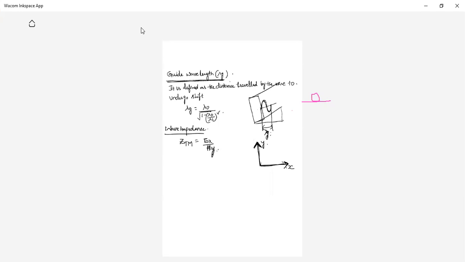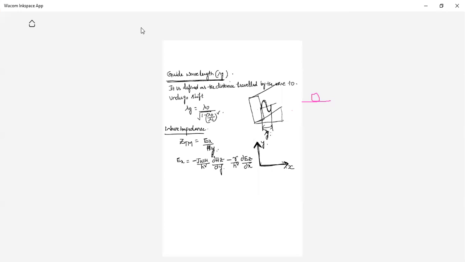Whether you remember those expressions or not, we have already derived the expression of Ex. Ex is equal to minus j omega mu by h square dou Hz by dou y, minus gamma by h square dou Ez by dou x.